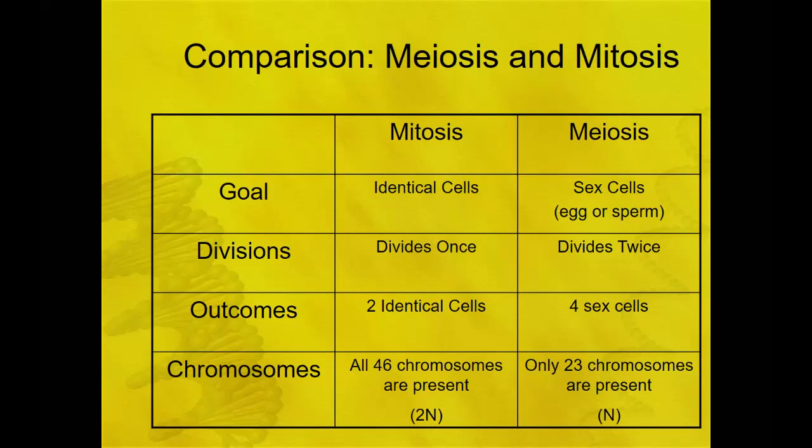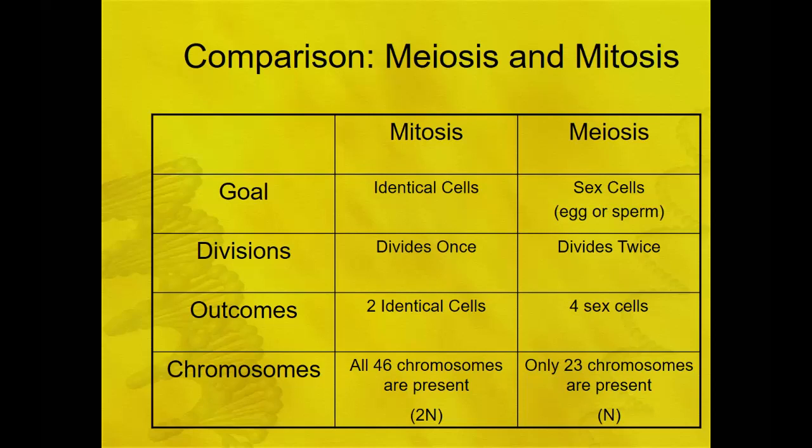We still start out with our 46 if you're human. We're going to copy that up to 92. Then we'll divide down to 46. But instead of going into interphase here, we're going to immediately start to divide again and go from 46 down to 23. So you see in outcomes, mitosis produces 2 identical cells and meiosis produces 4 genetically different sex cells.